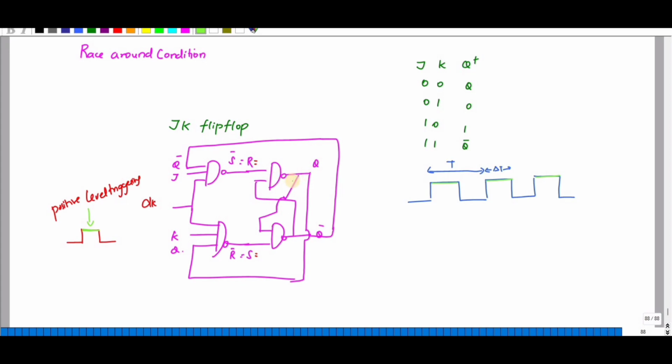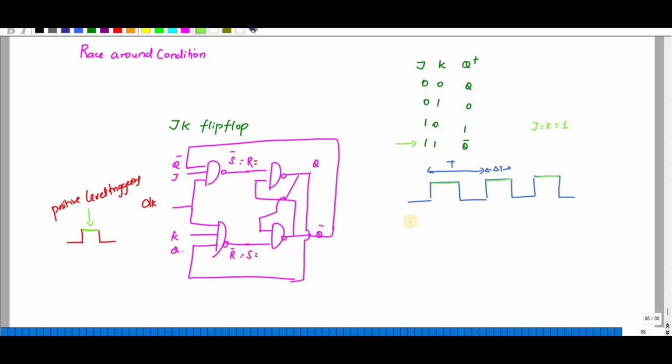Let me assume this condition, where J and K are equal to 1. Let me assume the Q value is initially 1. Whenever the clock is at positive level triggering, it will toggle.